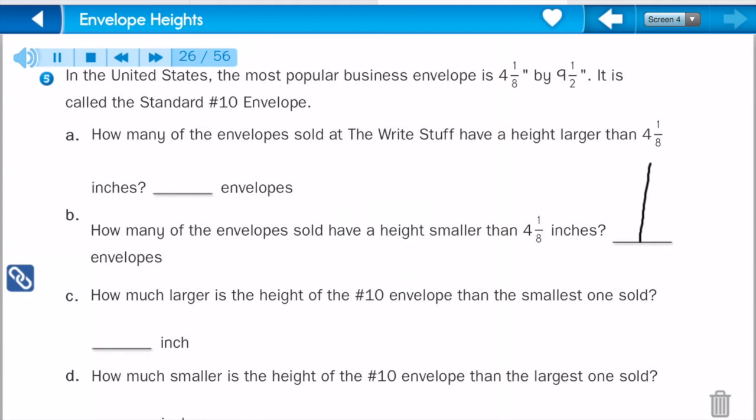Blank envelopes. B. How many of the envelopes sold have a height smaller than 4 1/8 inches? Blank envelopes. C. How much larger is the height of the number 10 envelope than the smallest one sold? Blank inch. D. How much smaller is the height of the number 10 envelope than the largest one sold? Blank inches.